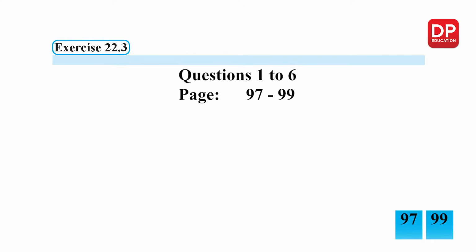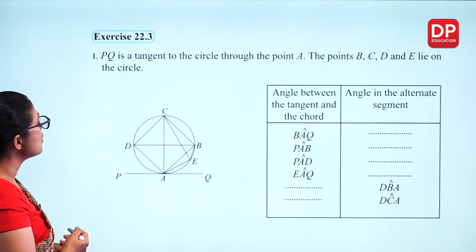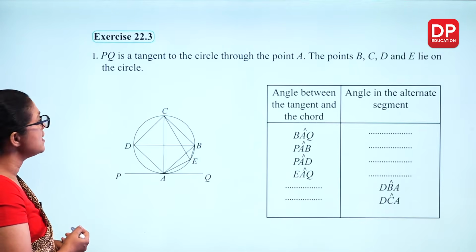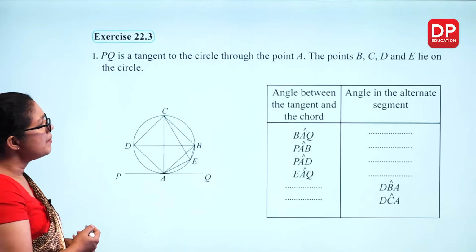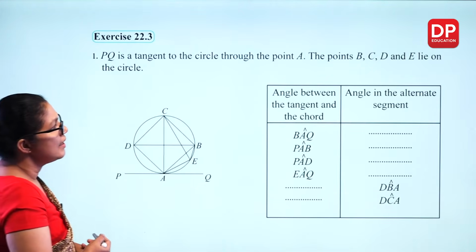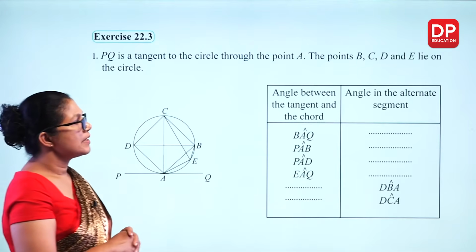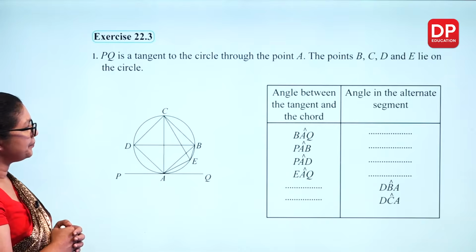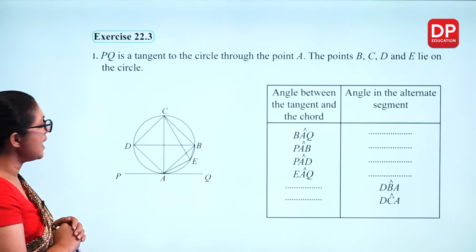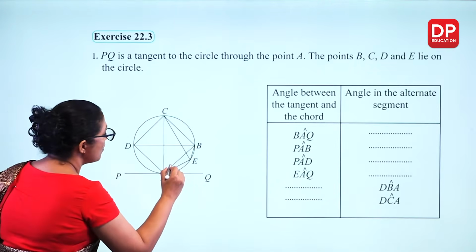Exercise 22.3. PQ is a tangent to the circle through the point A. The points B, C, D, E lie on the circle. Angle between the tangent and the chord and angle in the alternate segment. So we need to find out equal angles. We'll first take BAQ, this angle.